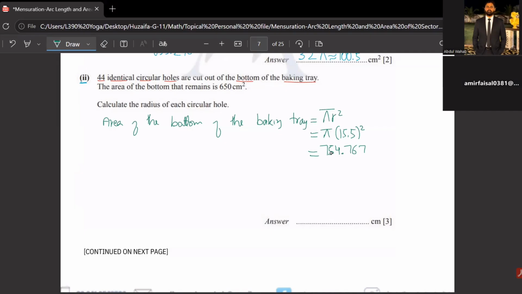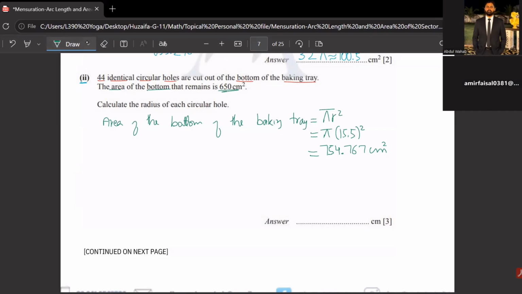Now focus on the question. This is the area of the bottom of the baking tray. In this area they are making 44 holes, and the area of the bottom that remains is 650.